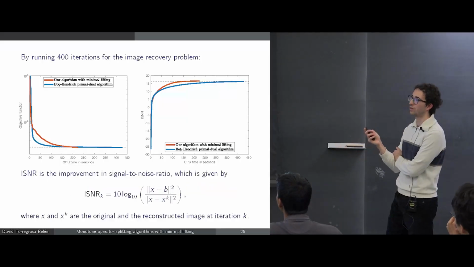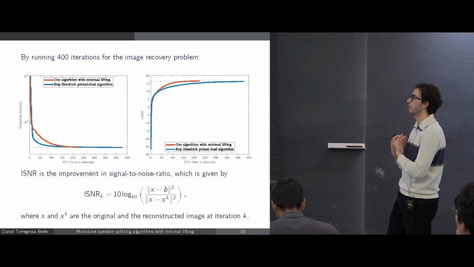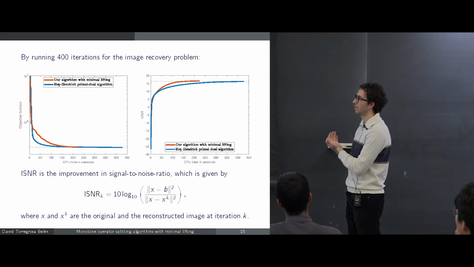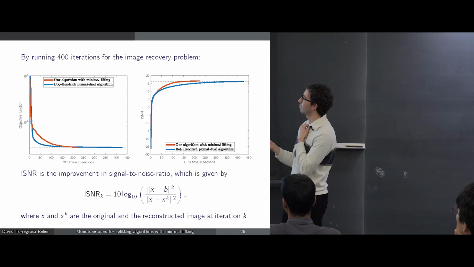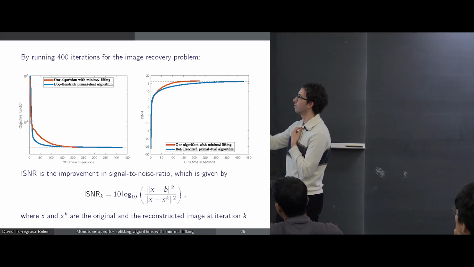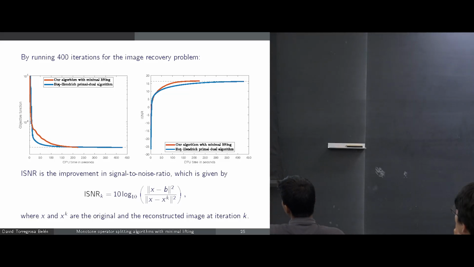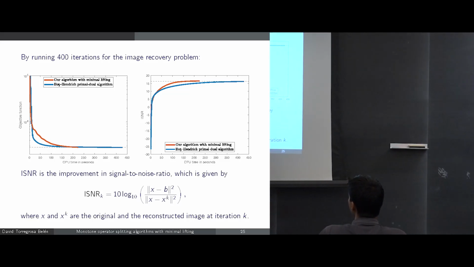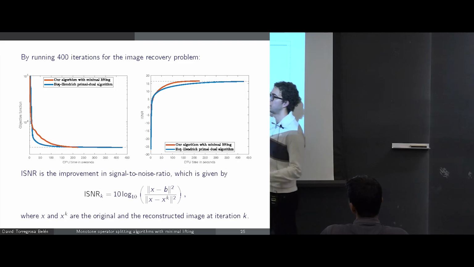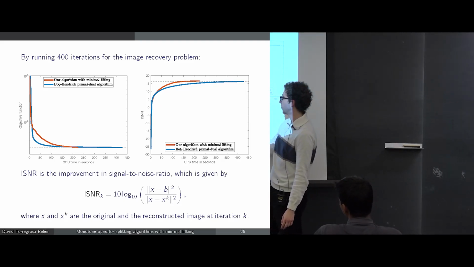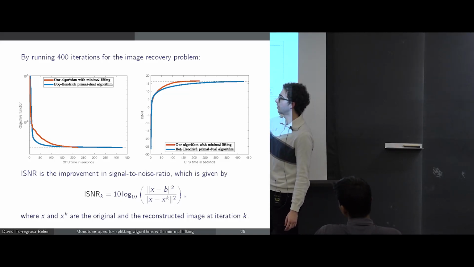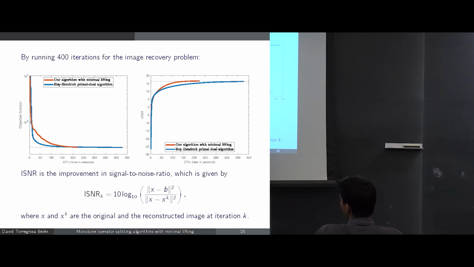So what happens if I compare my algorithm with minimal lifting to one algorithm that doesn't have minimal lifting? This is what I'm going to show now. I ran 400 iterations of my algorithm with minimal lifting, which is the red one, and this other algorithm which didn't have minimal lifting. The plots show on the X label the CPU time in seconds, and in this one the Y label is the objective function.